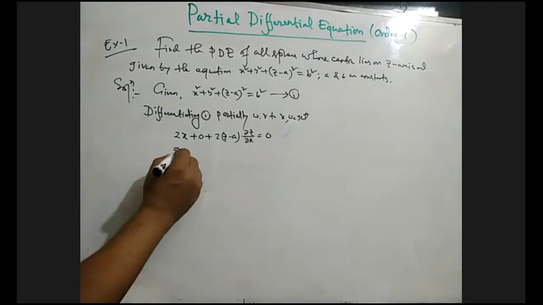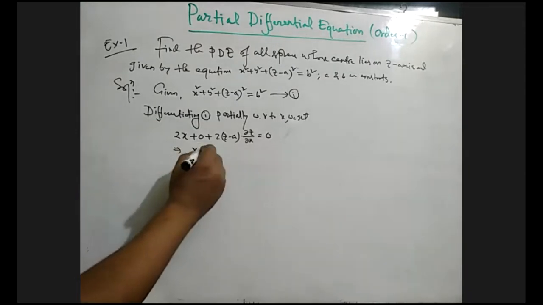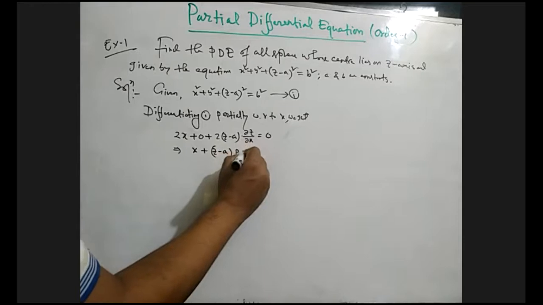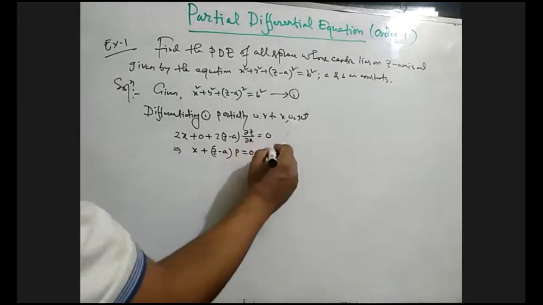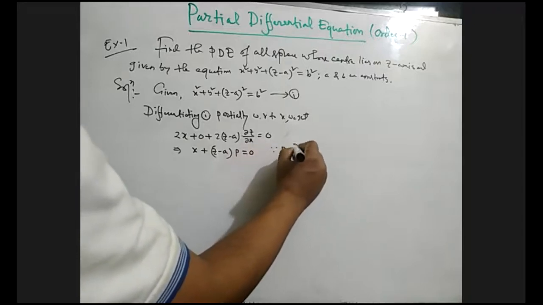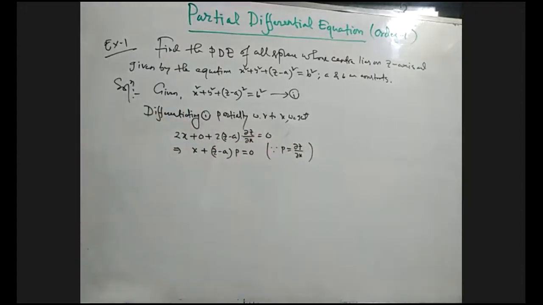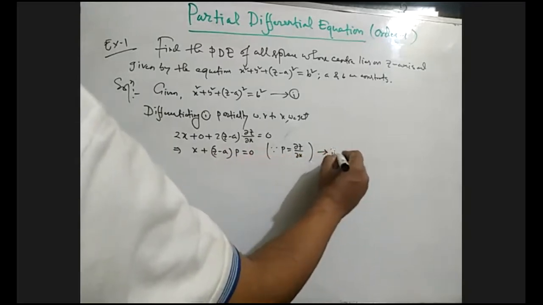From this, dividing by 2 on both sides, we get x plus (z minus a) into p equals 0, considering ∂z/∂x as the parameter p, the differential parameter. This is equation number 2.